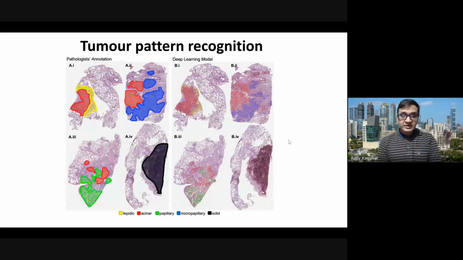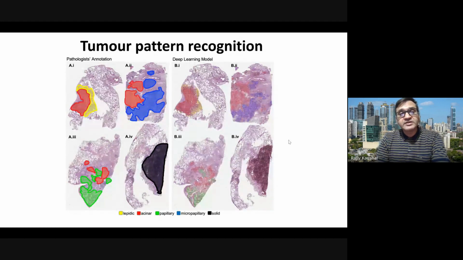Further development along these lines is tumor pattern recognition, which was used mainly for the prostate, where Gleason scoring is now being offered very precisely by using these models. And even in lung cancers, where the pattern of the lung adenocarcinoma decides the grade of the tumor, whether it is lepidic, acinar.